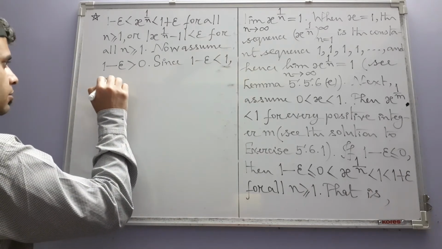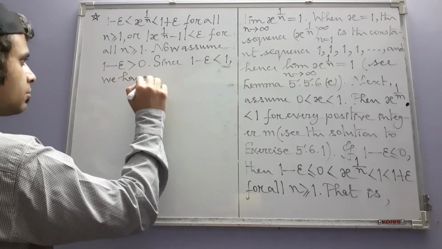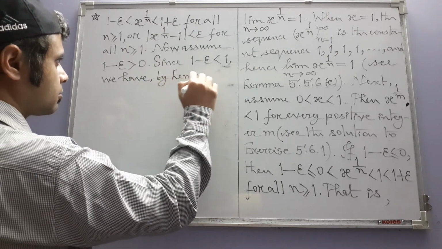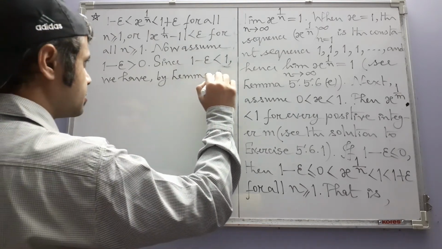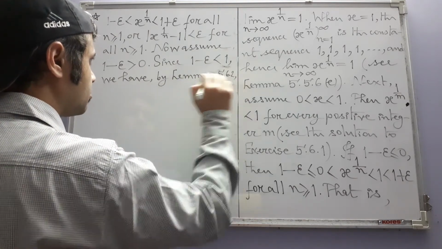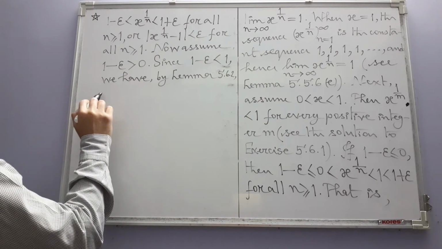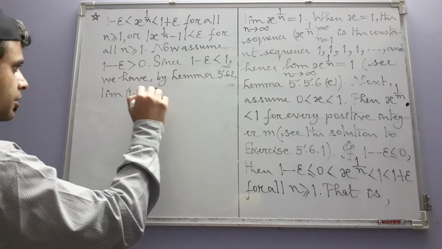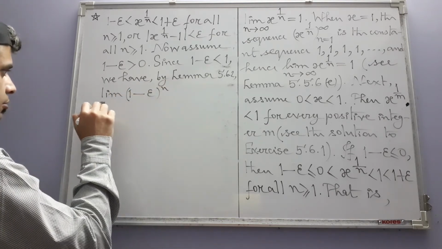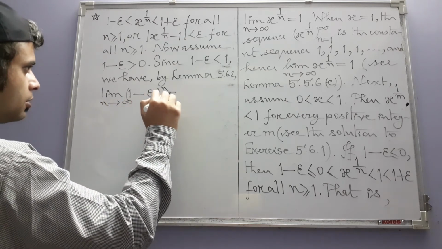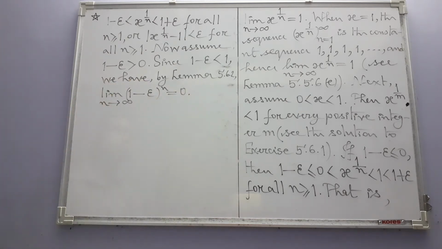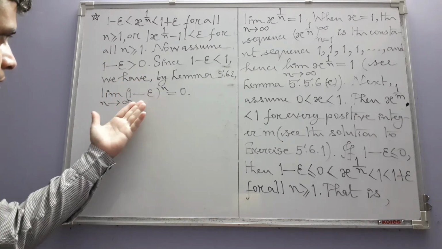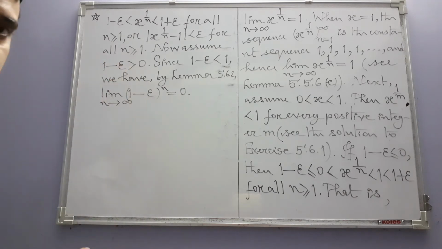We have, by lemma 562, that this limit is equal to 0. In place of that x, we now have 1 minus epsilon because it lies strictly between 0 and 1.